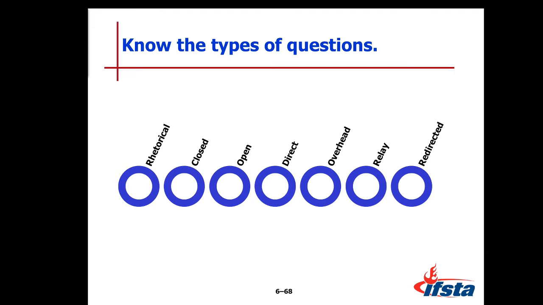Know the types of questions that there are. Rhetorical: you're not really looking for an answer, but you're trying to get people to think about stuff. Close-ended question, usually answered with a yes or a no. Open question, open-ended, so you get student feedback and student information.